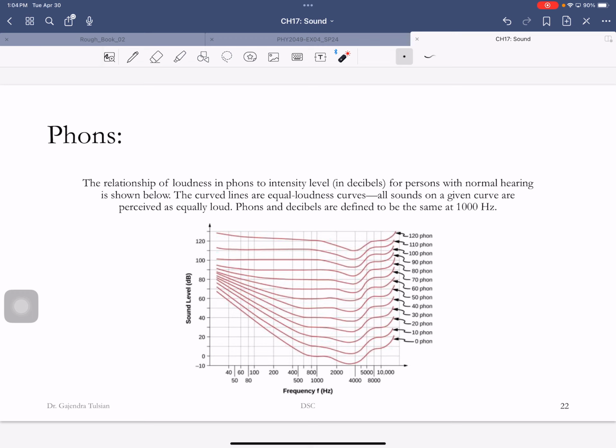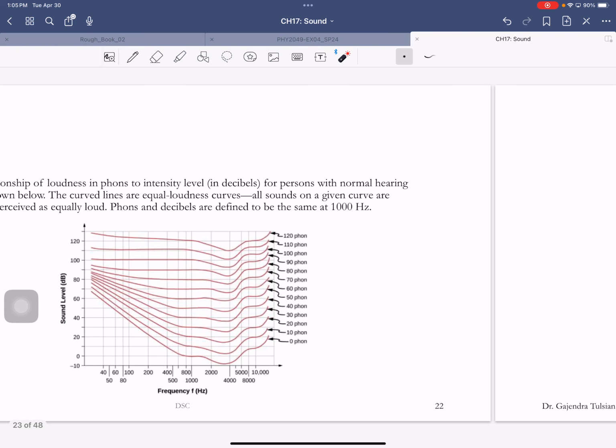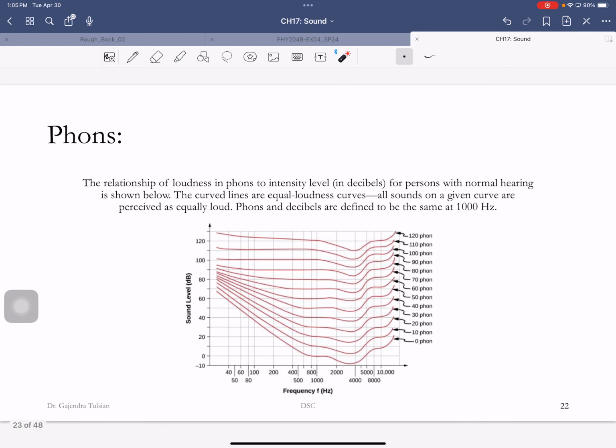The horizontal curves are instruments, and these curves are your ears. And this is what the doctor's office is testing when you go to the doctor's office.